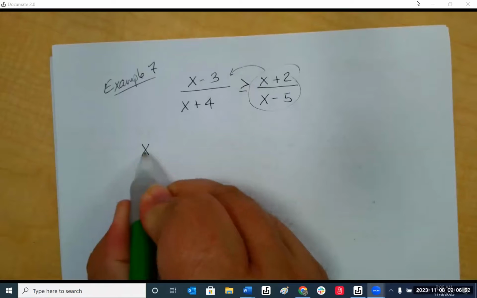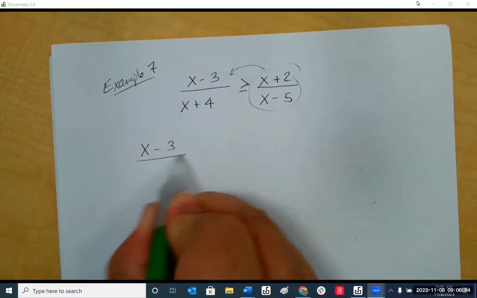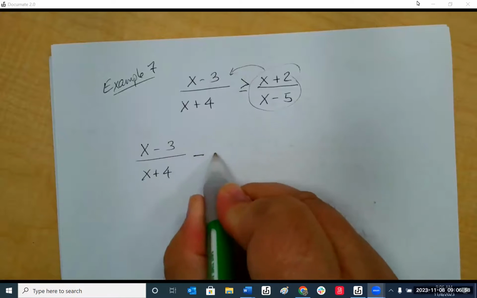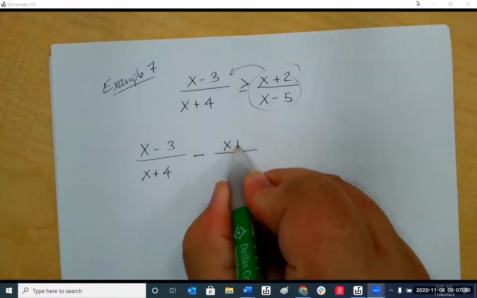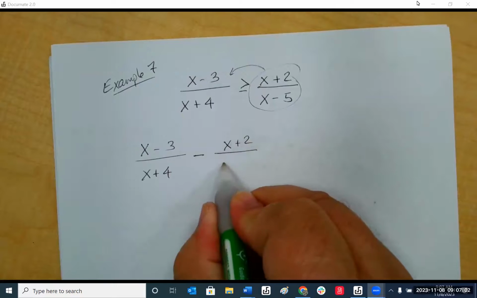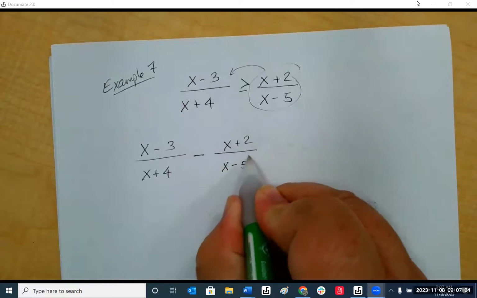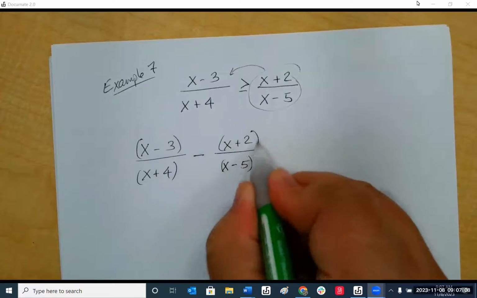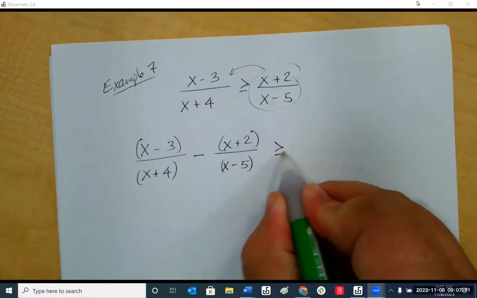So we have (x minus 3)(x plus 4) minus (x plus 2)(x minus 5). Put parentheses around everything. Is greater than or equal to 0.